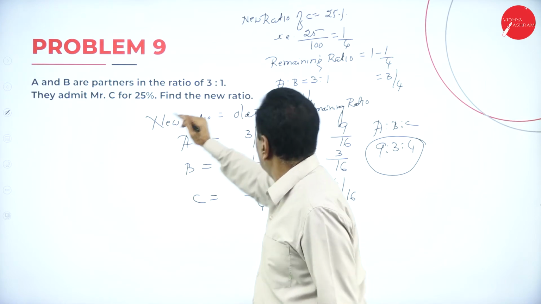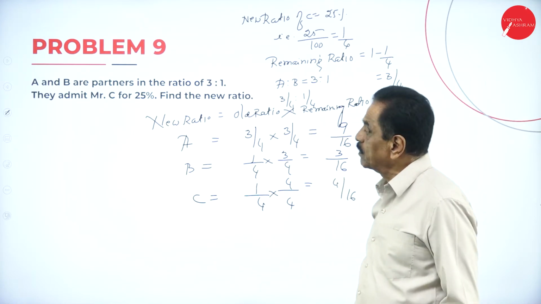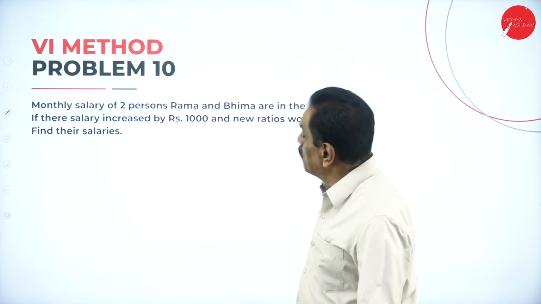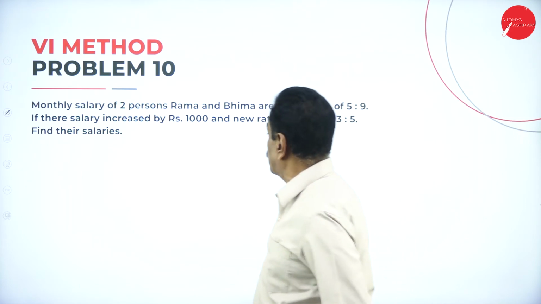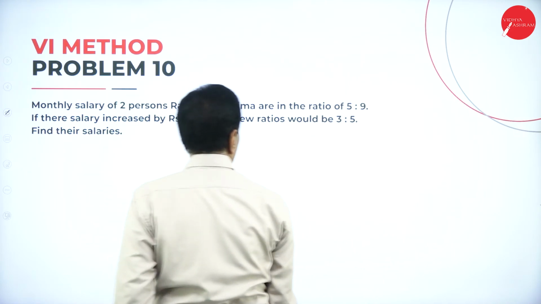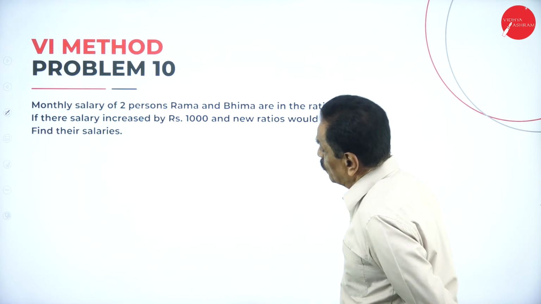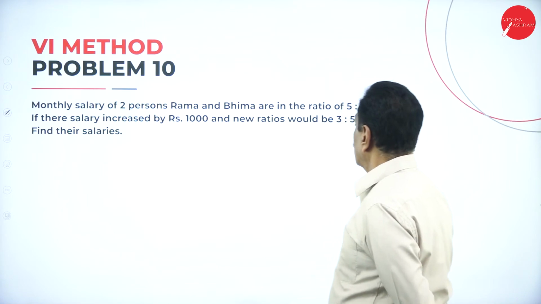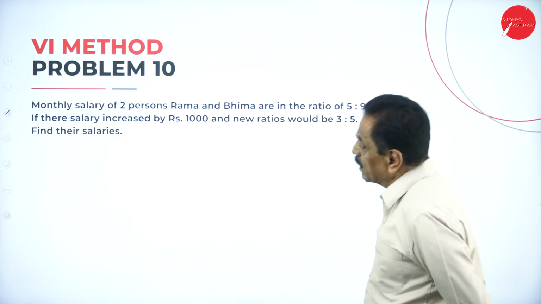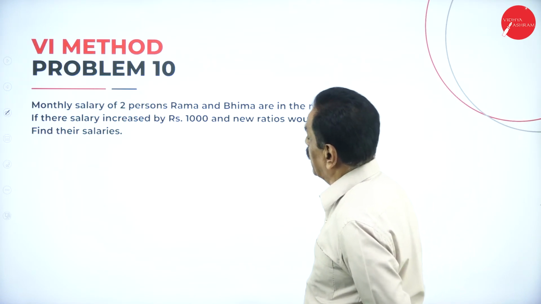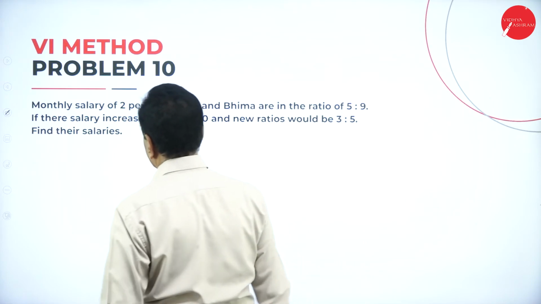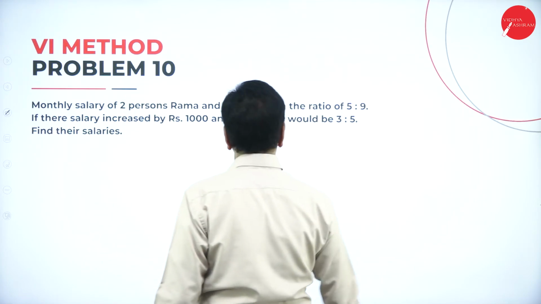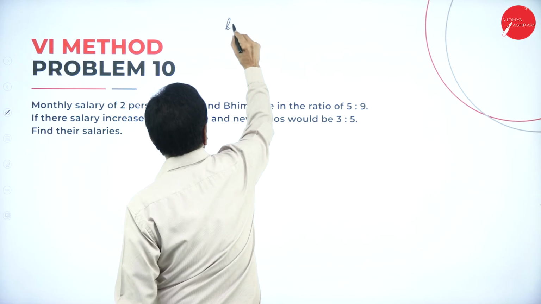Shall I explain? 25% is 1/4. Monthly salary of 2 persons, Rama and Bhima, are in the ratio of 5:9. If their salary is increased by 1,000 and the new ratio would be 3:5, find their salary. Let the number be x.